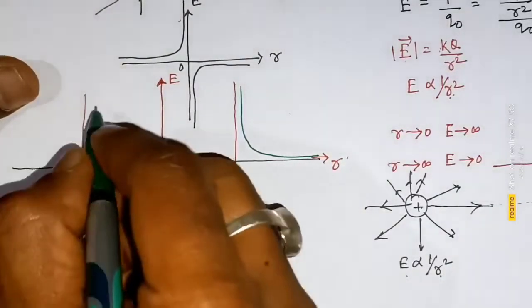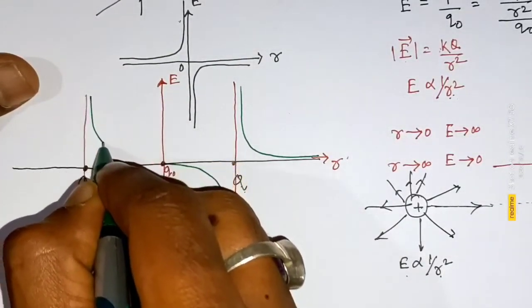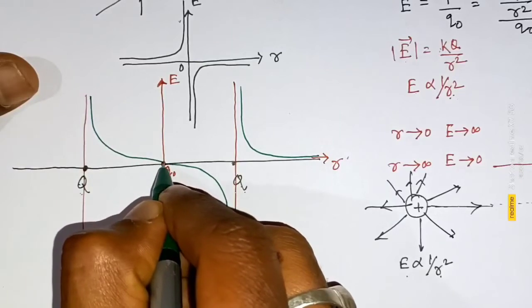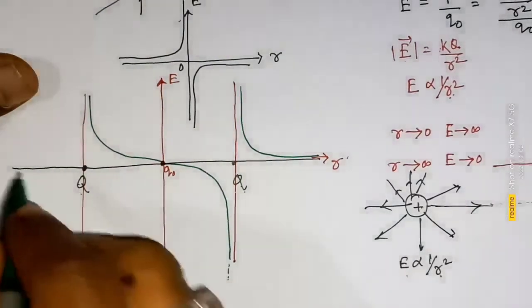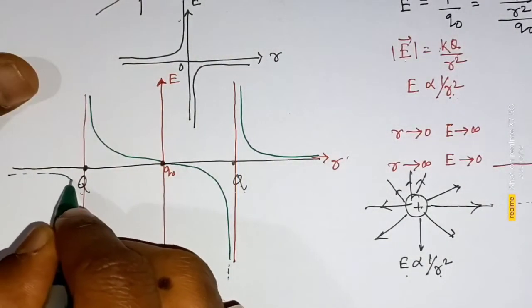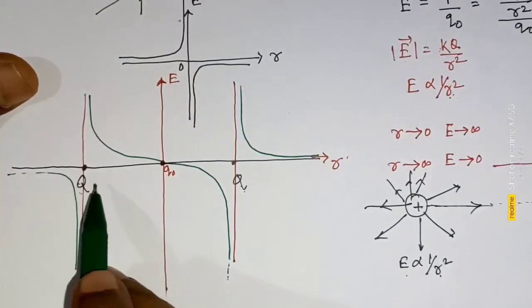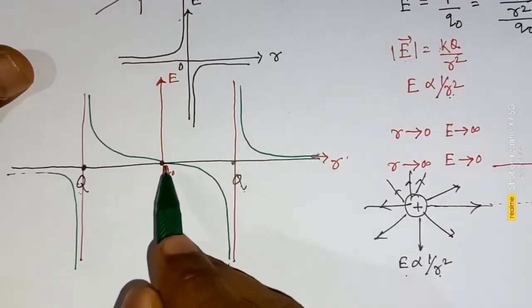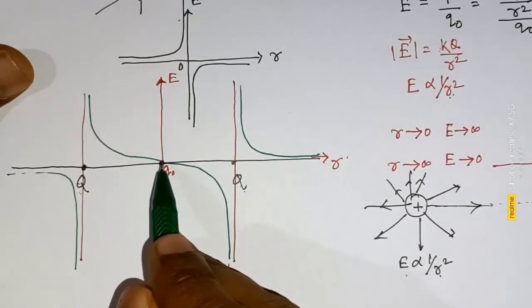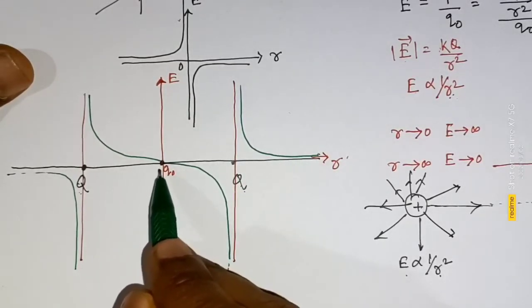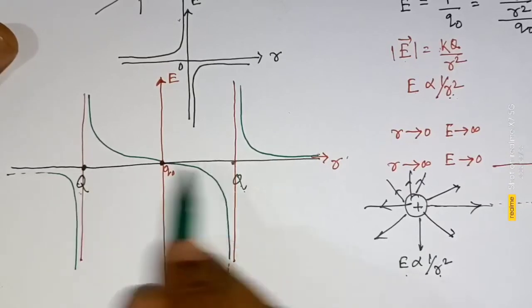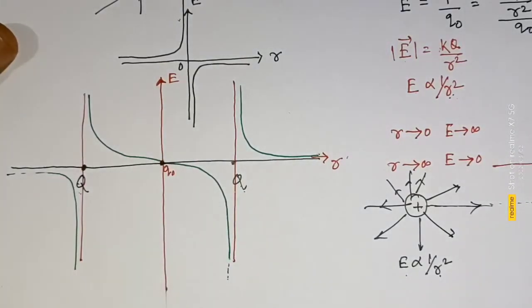And for this charge I want to plot, but the field is 0 at this point, so it will touch here, and after that the same symmetrical pattern it will go like this. So I just draw for the charges, and I must look into the point of equilibrium where the net electric field is 0, and I have to plot like this.